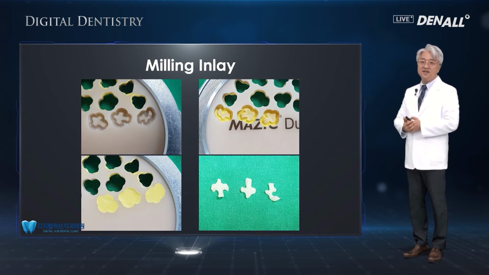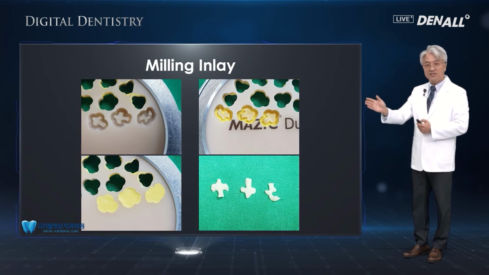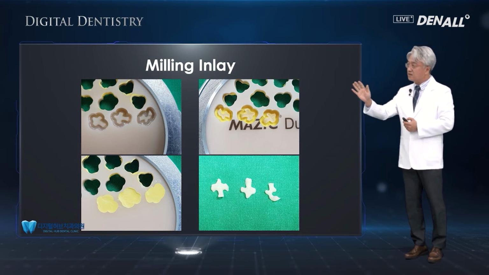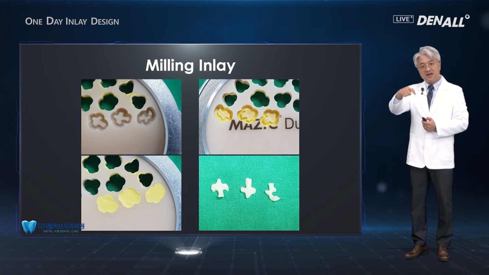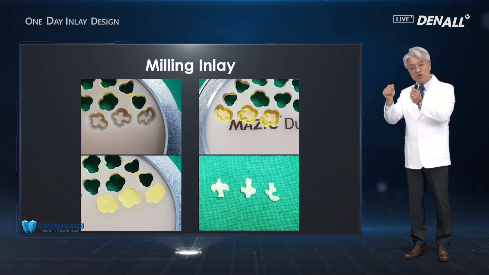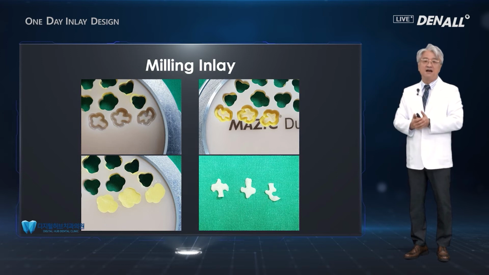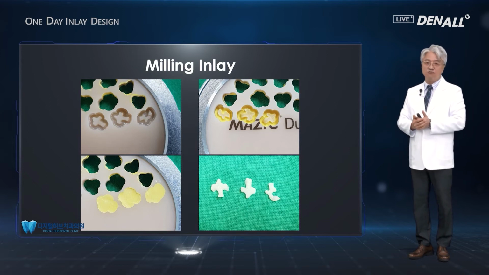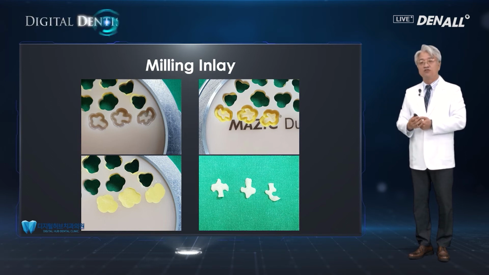So two-step milling is used to make the inlay. And the advantage here is that after completing the inlay, you just remove the stone, then you can just deliver the completed inlay to the patient's mouth. So very easily. So since few years ago at our clinic, we like this inlay production step.